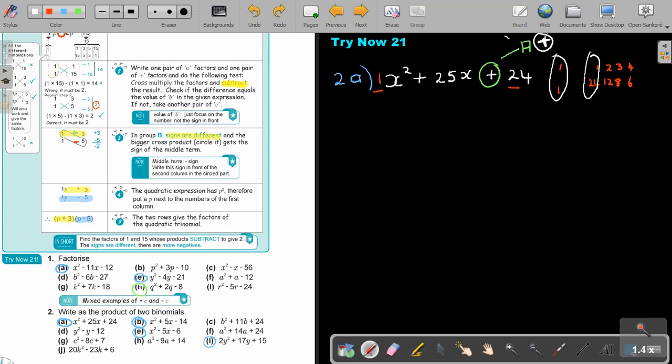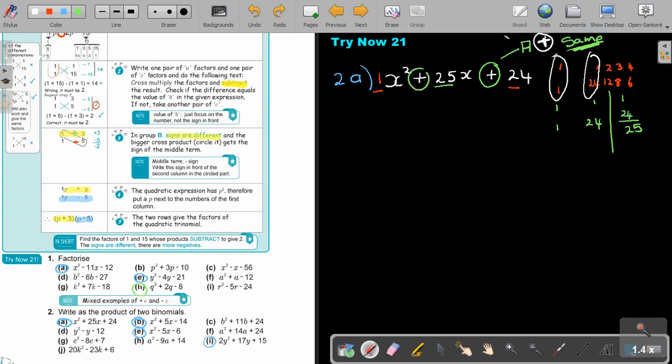I think it's going to be this one. Because look, this is going to be 1 and 1, 1 and 24. So this is 24, do you see, plus that 1, and that is going to give me 25. That's what I'm looking for. And then don't forget, in group A, the signs are the same. Don't forget that.